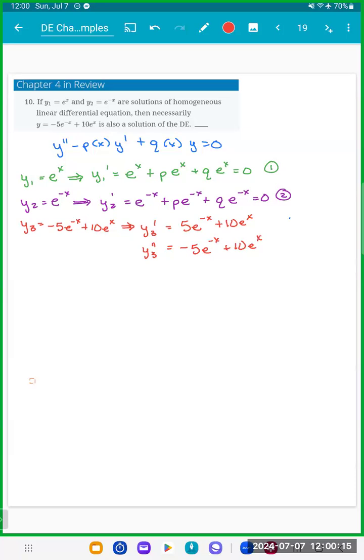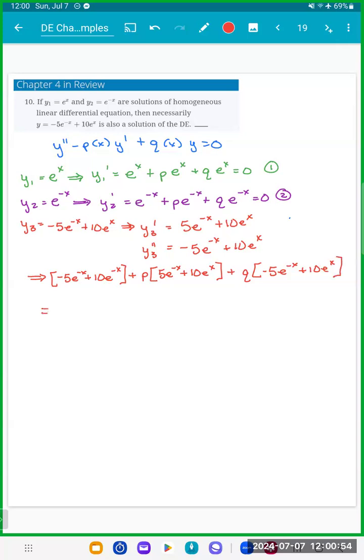Okay, so when we put it into the equation like we did for 1 and 2, then we're going to get negative 5e to the negative x plus 10e to the x plus p times 5e to the negative x plus 10e to the x plus q times negative 5e to the negative x plus 10e to the x. Okay.